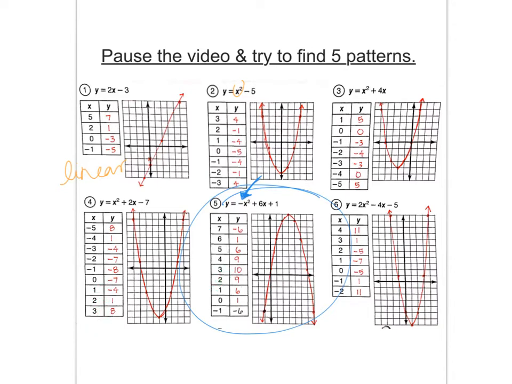That happens on all of these graphs. And if you find those specific middle points, you'll notice that on the graph, those become the lowest point or the highest point. They're the turning point when you actually look at the graph itself.